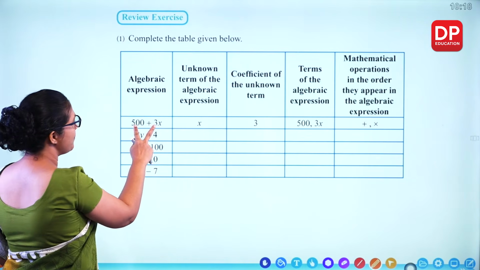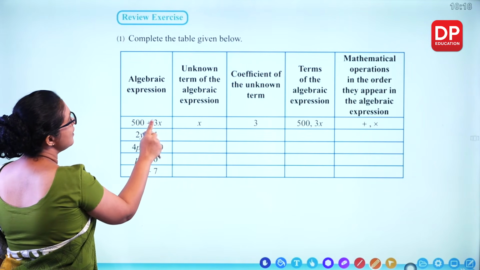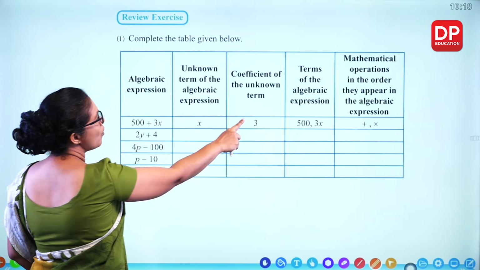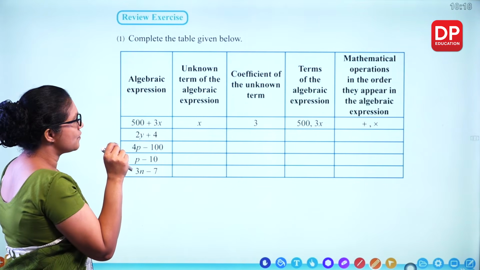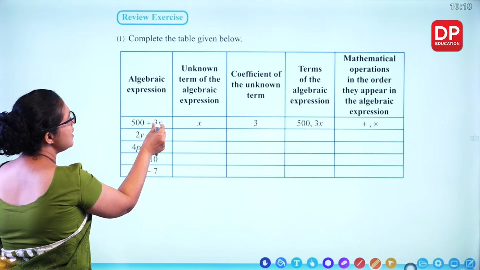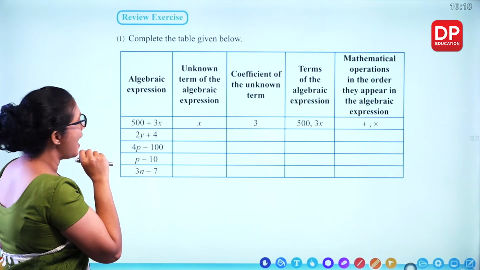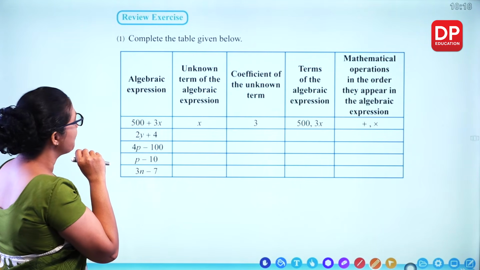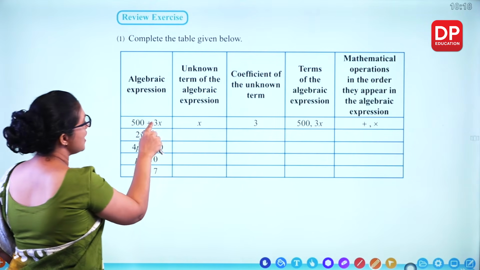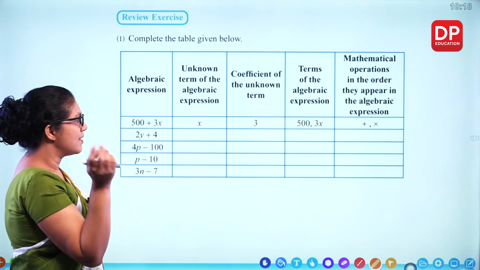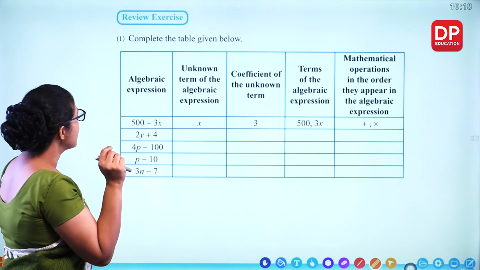So first one, what's the unknown letter? X. Coefficient is the number in front of the letter, that's 3. And these are called algebraic terms. And what is the operation? Plus and multiplication is 3 times x. Now we'll look at the next one.